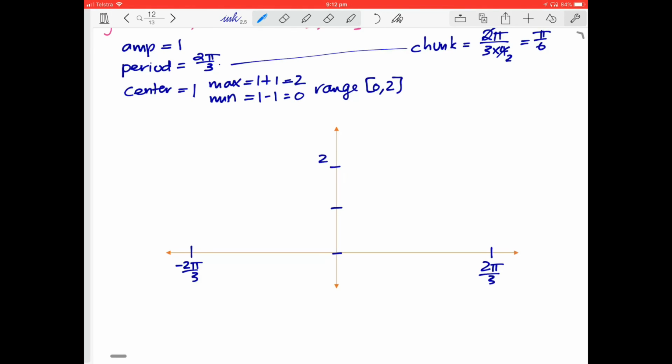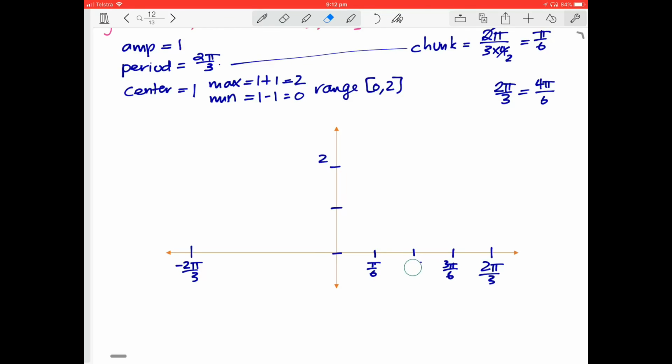Now if you think about it, 2 pi on 3 is the same as, if we put it on 6, 4 pi on 6. So this 2 pi on 3 is the same as, if we cut it into 4, each one is going to be pi on 6, 2 pi on 6, 3 pi on 6, then that would be 4 pi on 6, which is 2 pi on 3.